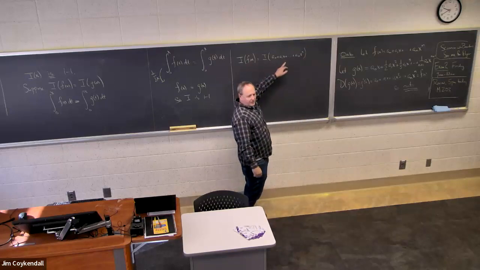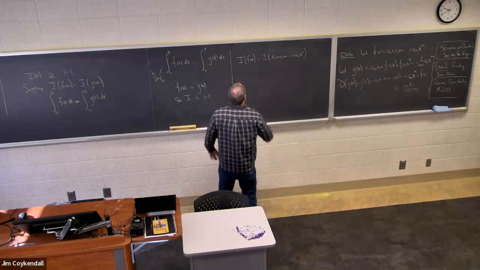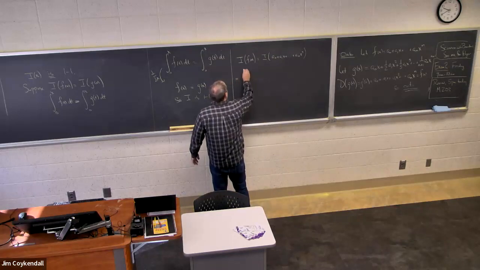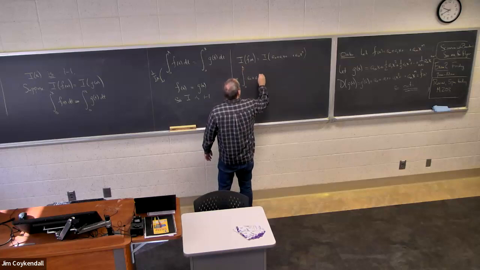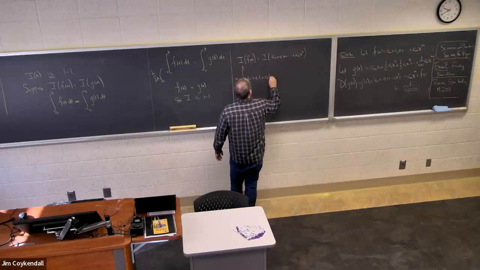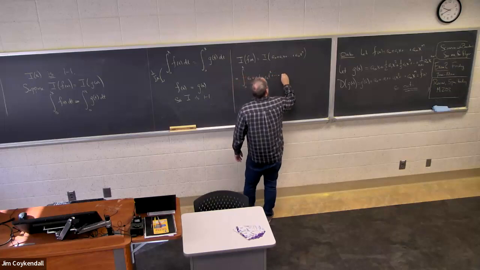So if f of x is written in this form, then this is the integral from 0 to x of a0 plus a1t plus a2t squared plus and so on.